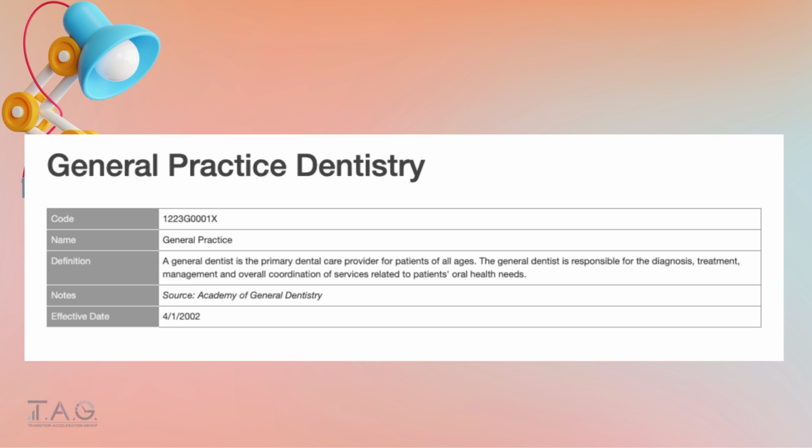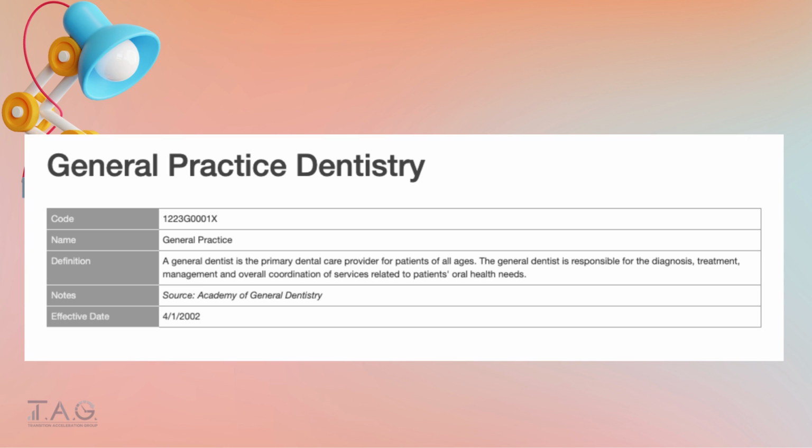But here is where the confusion comes in. There's so much documentation out there that says for general practice dentistry, and it's the 1223G number that we're seeing here, the definition is a general dentist is a primary dental care provider for patients of all ages. So the definition makes it sound as if it is an additional code for a general dentist.